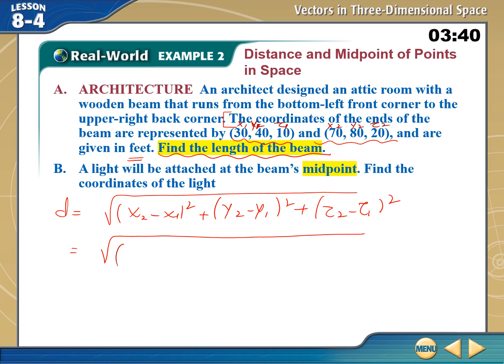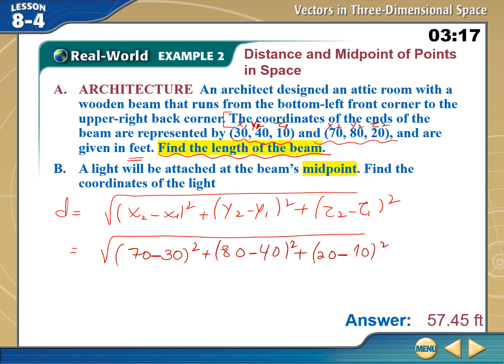So what is x2? x2 is 70 minus x1 is 30 whole square plus y2 is 80 minus y1 is 40 whole square plus z2 is 20 minus z1 is 10 whole square.